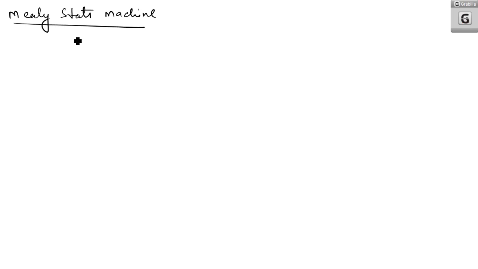Now coming to the Mealy state machine. In Mealy state machine as well as Moore state machine, the specialty is that it contains memory elements. Now, if I am drawing a Mealy state machine, it will be like this. You are having inputs, and some combinational circuit is there.